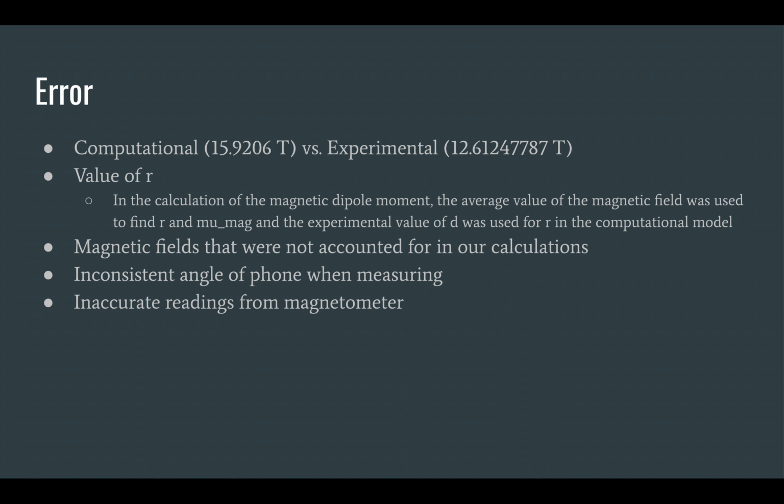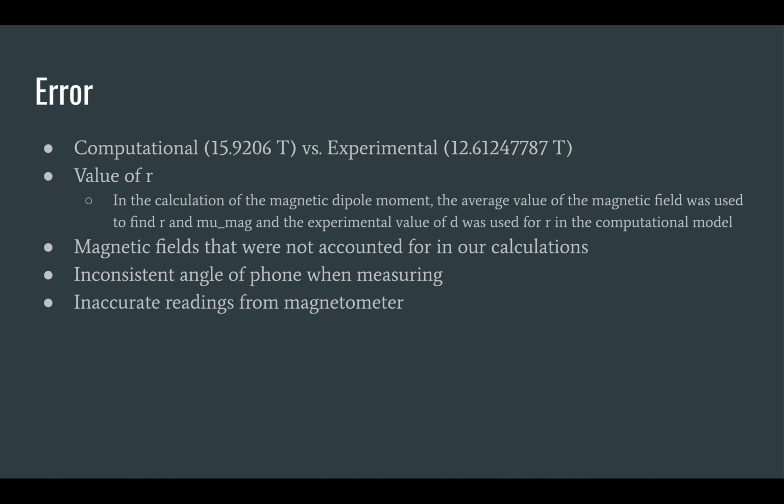So, some error: we found that the computational model gave a value of 15.9206 T versus the experimental value of about 12.612 T. For our value of R in the calculation of the magnetic dipole moment, the average value of the magnetic field was used to find R in mu of the magnet, and the experimental value of D was used for R in the computational model.